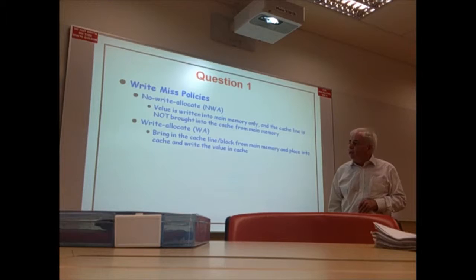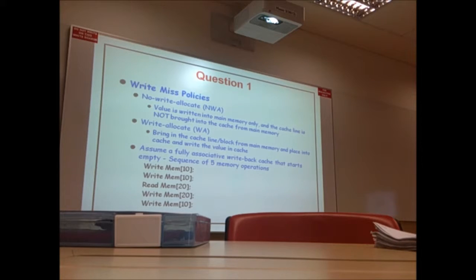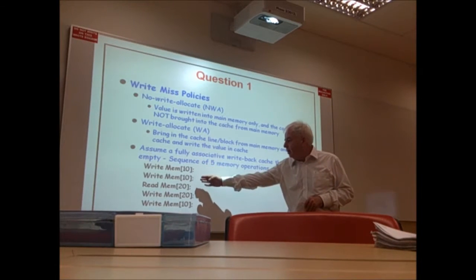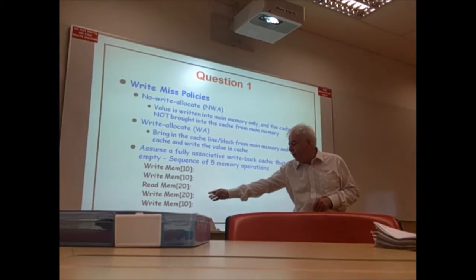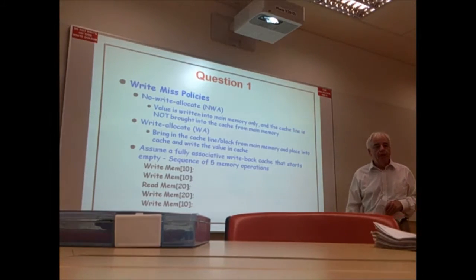Okay, so we have these two different policies, and we're given a sequence of writes and reads. We have 5 memory operations. First of all, we write to location 10, and then we write to 10 again, then we read from 20, write to 20, and read from 10.